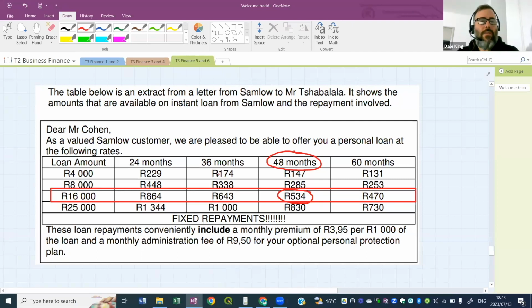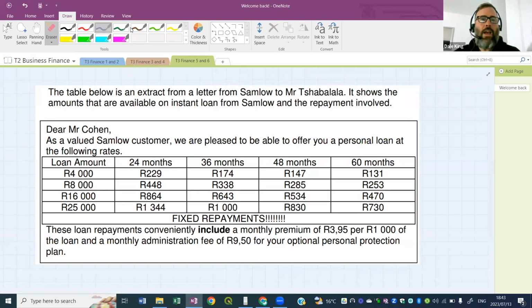Okay, so there are many options, many different loan amounts, and many different terms or time scales over which I can pay this loan back. So you can choose what you can afford. You look at these monthly values here, and you can see what you can afford. Maybe you can only afford 400 Rand a month towards a loan.